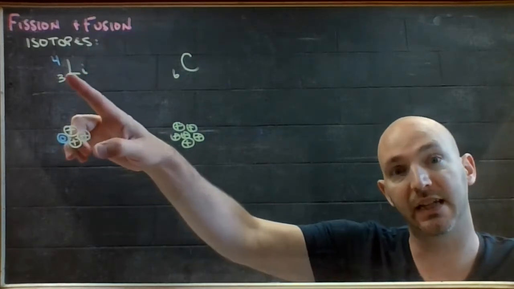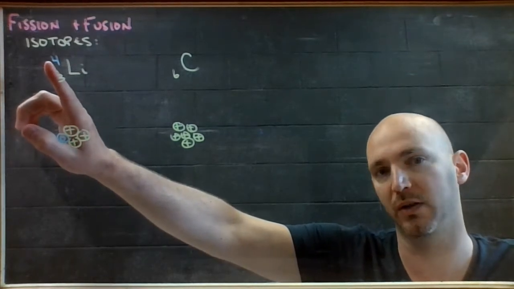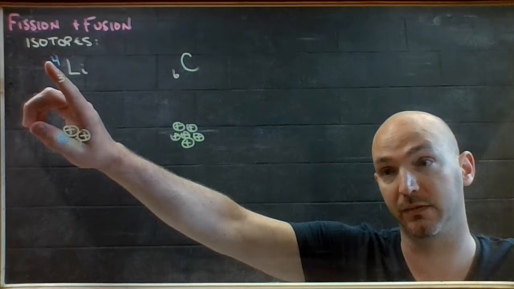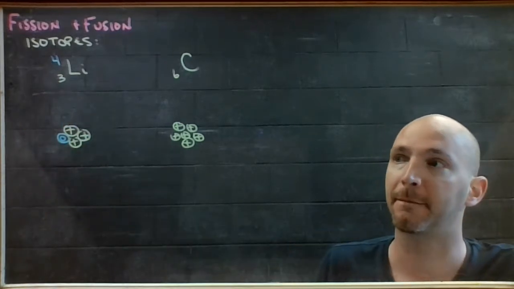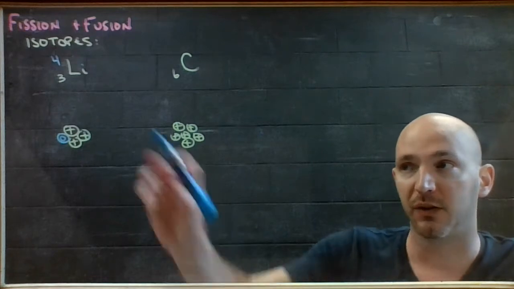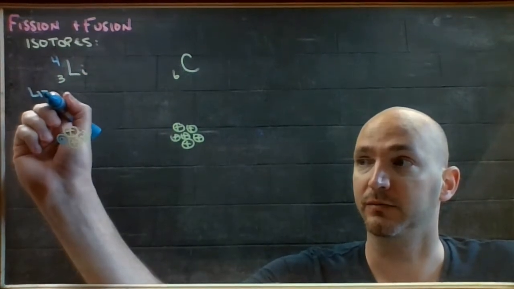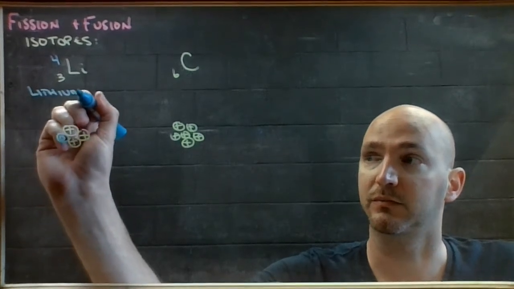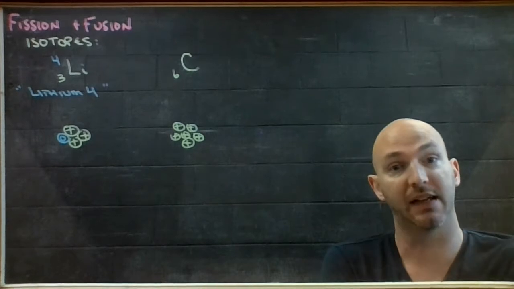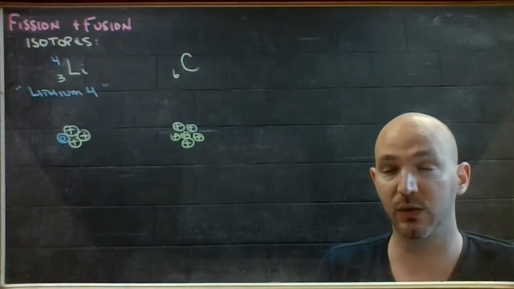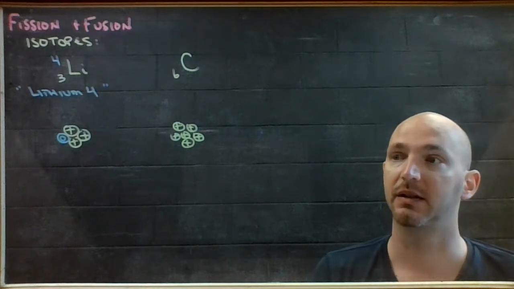So this thing here, it has 3 protons, but it acts like a 4-particle or 4-mass particle, because there are 4 things of approximately the same mass inside of its guts. So lithium-4, that's what we call that, lithium-4, is stable. It hangs around that atom, the nucleus here, sticks together, and it doesn't tend to fly apart.